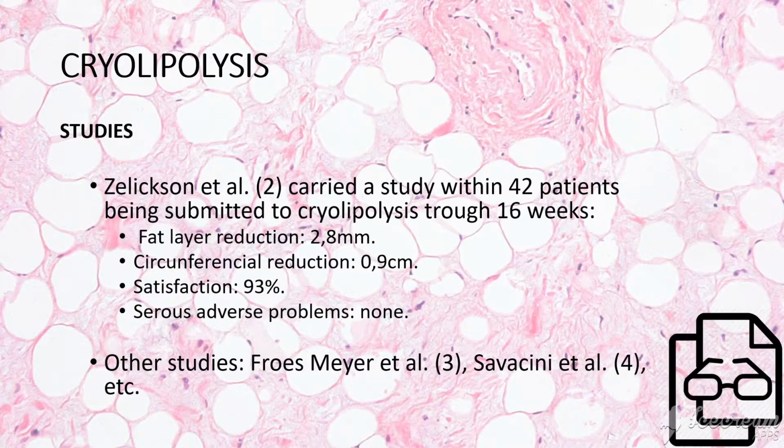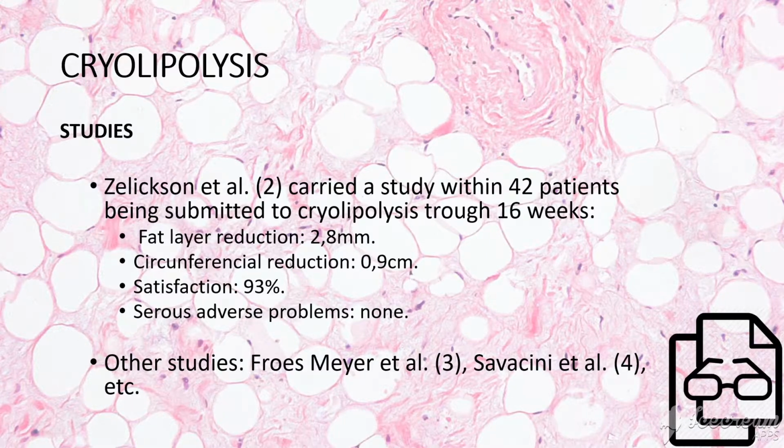Seligson et al. carried out a study with 42 patients submitted to the cryolipolysis technique over 16 weeks. The main results show an average fat layer reduction of 2.8 millimeters, and circumferential measurements indicate a mean reduction of 0.9 centimeters.